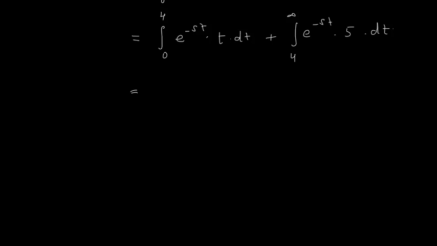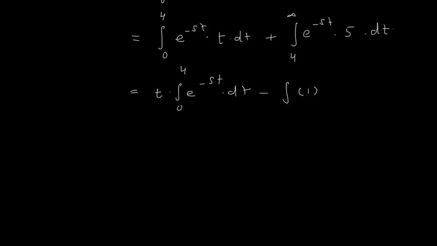So using integration by parts, this is equal to t into integration of e raised to minus st dt, where the limit is 0 to 4, minus integration of the derivative of t, which is 1.